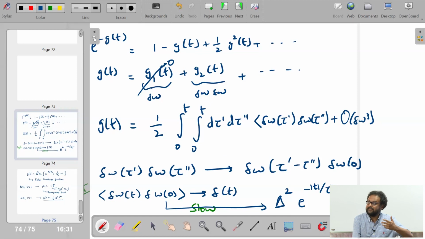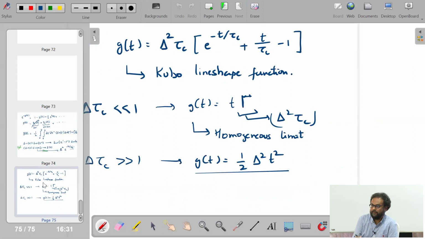Of course, if my tau c is extremely short, then it automatically becomes the limit of fast fluctuations. So it's quantified by my correlation time at the end of the day, right? So I have a parameter that I can change. If I make it almost close to 0, then it's a fast fluctuation limit. If it is slow, then I make it large. So that's why we are able to get access to both the limits.